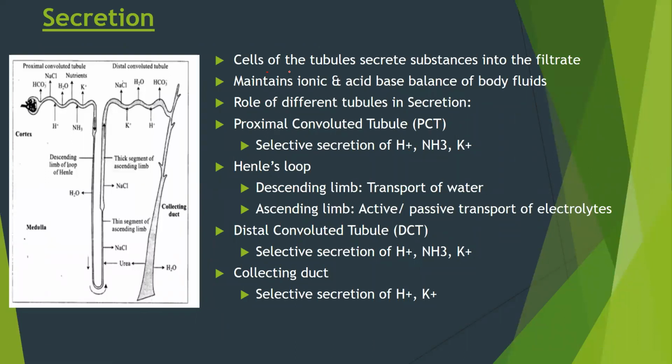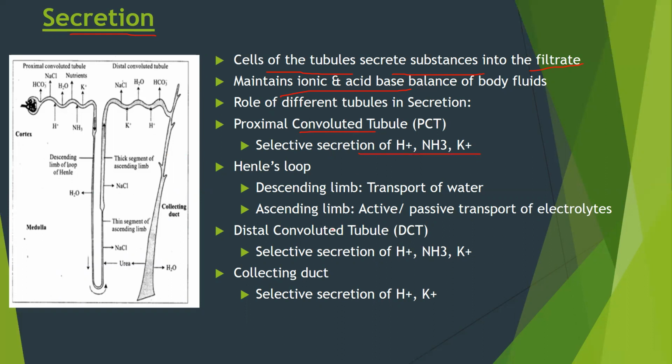The 3rd step is secretion. The cells of the tubule secrete substances into the filtrate, to maintain the ionic and acid-base balance of the body fluid. In the PCT, there is selective secretion of H ion, ammonia, and potassium ion.